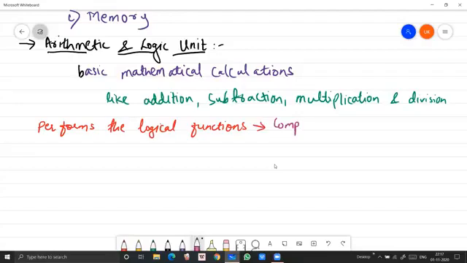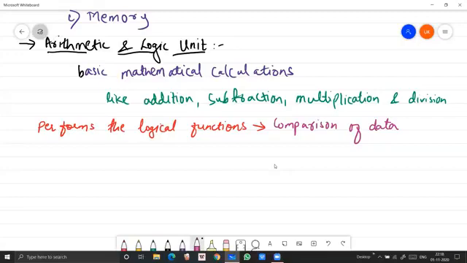For example, we say either this or that. A is greater than B. B is equal to C. If A is greater, then C is smaller. Like this we are comparing. So it performs the logical functions as well. So that's why the name is arithmetic and logic unit, because it is used for mathematical calculations as well as for logical functions like the comparison of data.